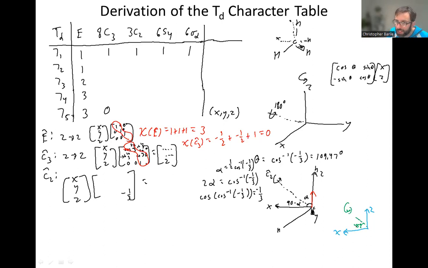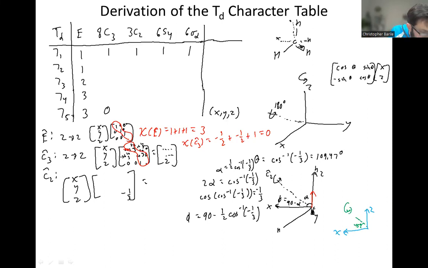But we know from this logic down here that we have to take that times 2. So if we call this phi, let's say, we're rotating by 2 phi. So let's figure out what phi is. Phi is 90, alpha was 1/2 cosine inverse of negative 1/3.